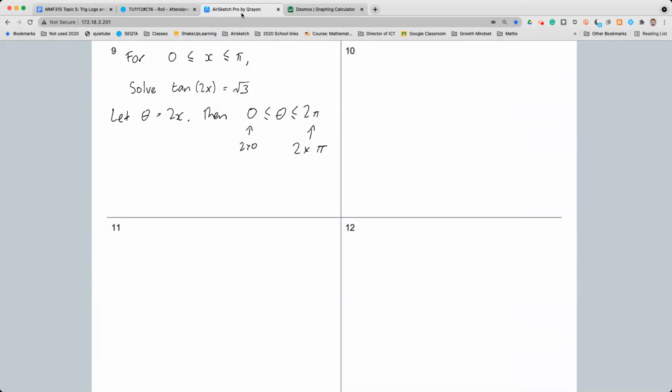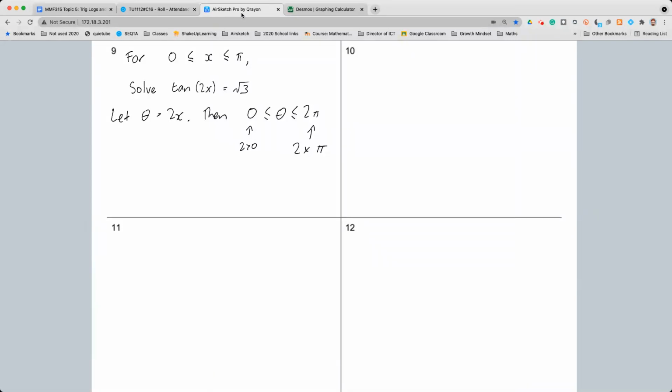I've shifted it, but I've also shifted the domain as a result. If this said 0 to 10 pi, it would now be 0 to 20 pi. If this said negative pi to pi, it would now say negative 2 pi to 2 pi. So I'm expanding the graph's domain because I'm now graphing theta instead of x, remembering that theta is just 2x.